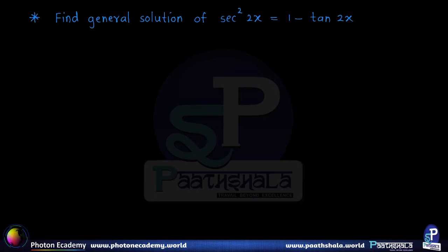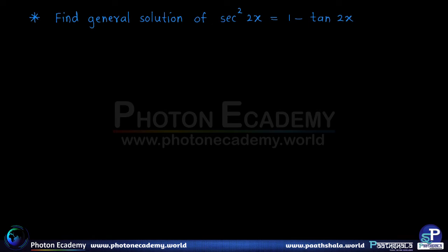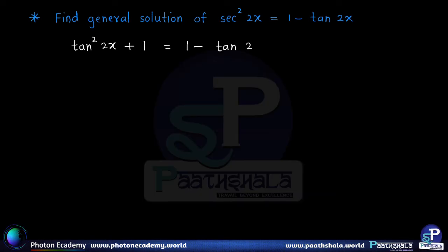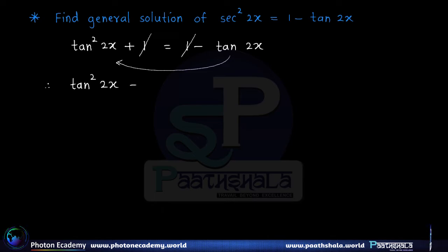Apparently it does not seem to be of any type that we have seen so far, but looking at the terms given we can easily guess that sec square can be written as tan square plus 1, because by doing that 1 will get cancelled from both sides, and let's bring the tan term on the left side. So therefore we get tan square 2x plus tan 2x is equal to 0.